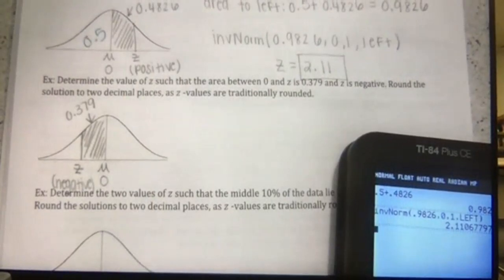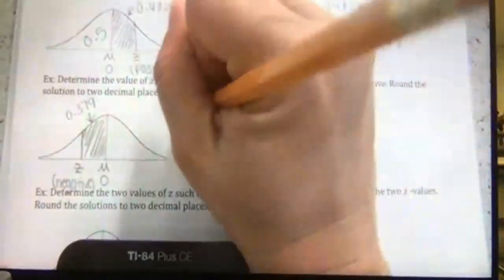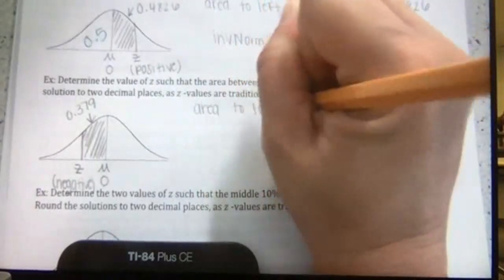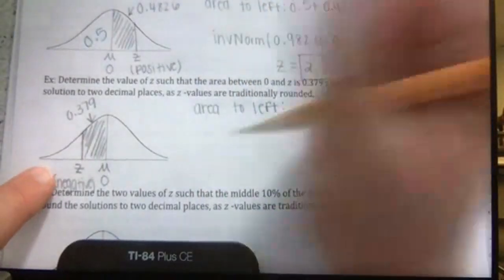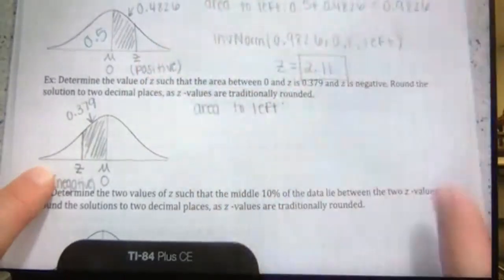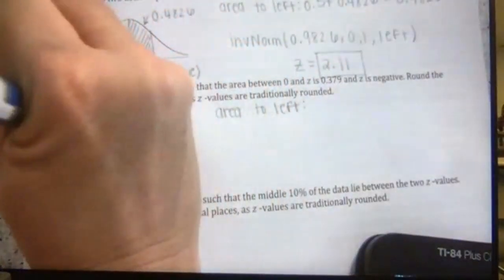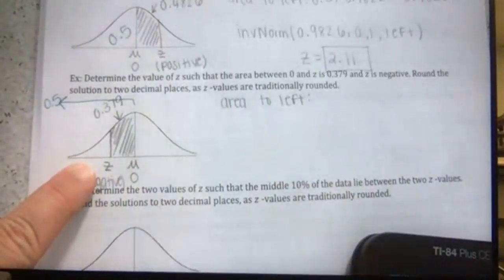This one's a little bit tricky. You have two options, but usually we talk about area to the left. So if we're trying to find the area to the left, well, that would give us the area to the right. So instead of adding 0.5, subtract it. If we know this whole thing is 0.5, we want to find the area to the left, so we are going to subtract.